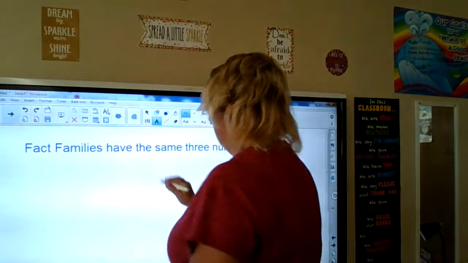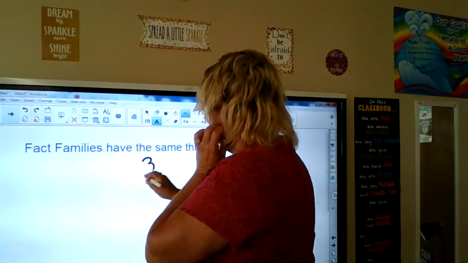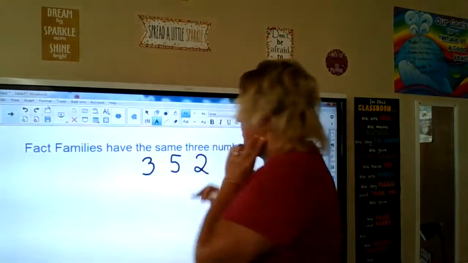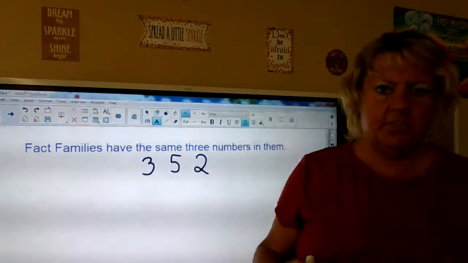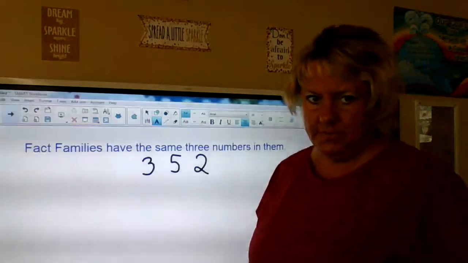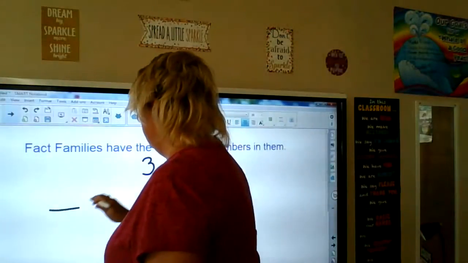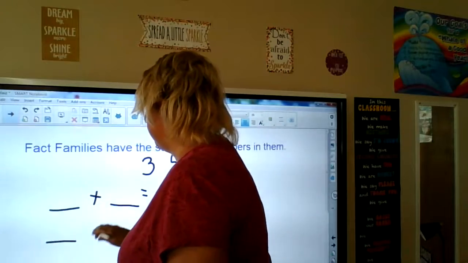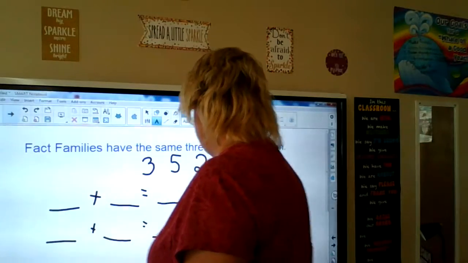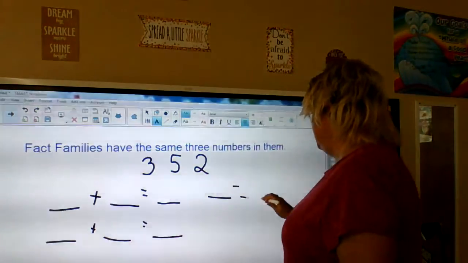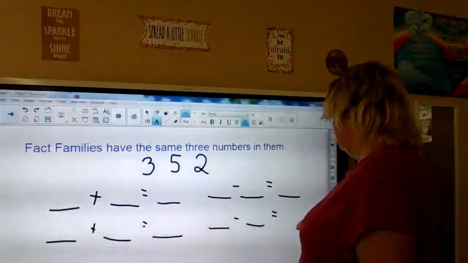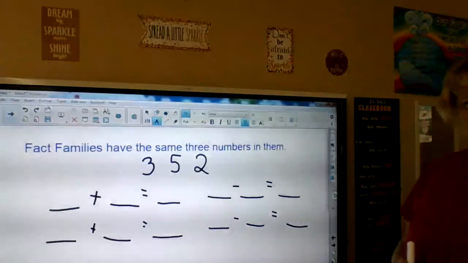So on the board, if I write a 3, a 5, and a 2, those are the only numbers I can use. I'm going to have 2 addition problems and I'm going to have 2 subtraction problems. Okay?